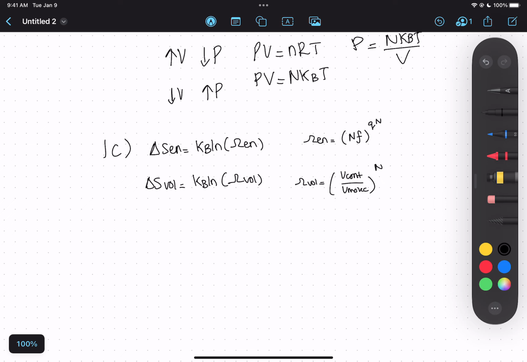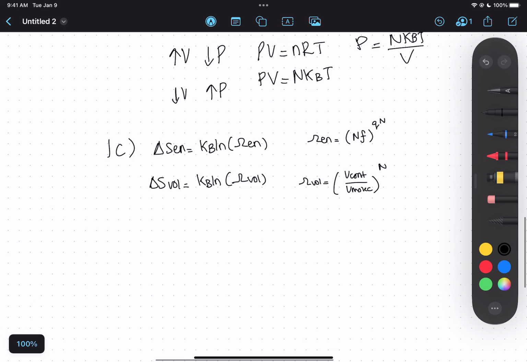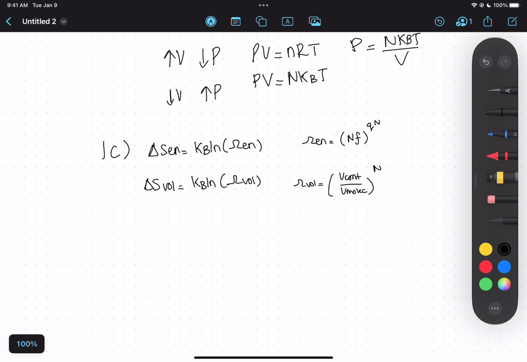Here's a quick question now. If we're looking at something like the energetic entropy, what is that dependent on? Because we have k_B, that's a constant. We have the natural log of the energetic multiplicity. What do you think really affects energetic multiplicity here? Based on this system, you can see what we're changing and what we're keeping constant.